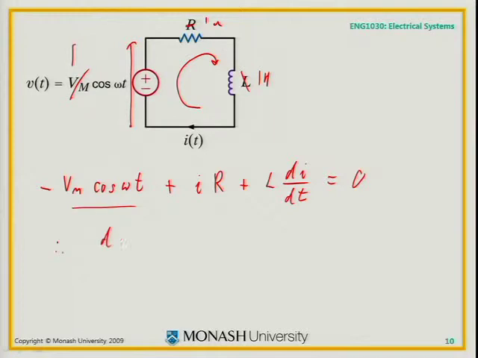Therefore, I get di by dt plus 1 on L times R i equals Vm cos omega t. Only difference, again, is the voltage source. It's not a constant, it's Vm cos omega t.